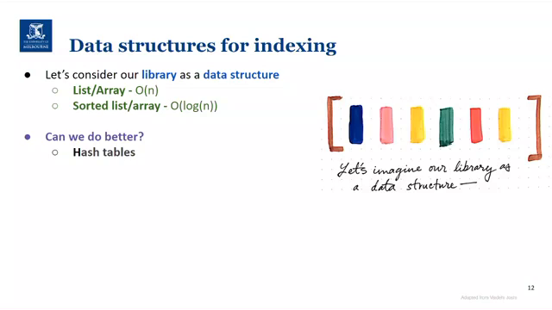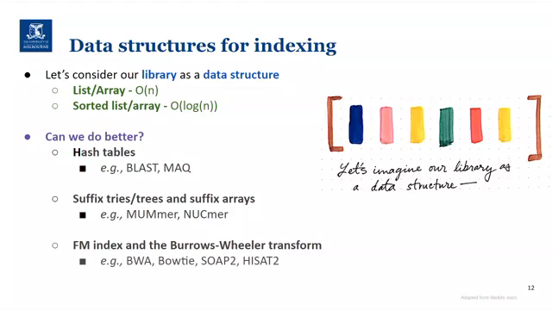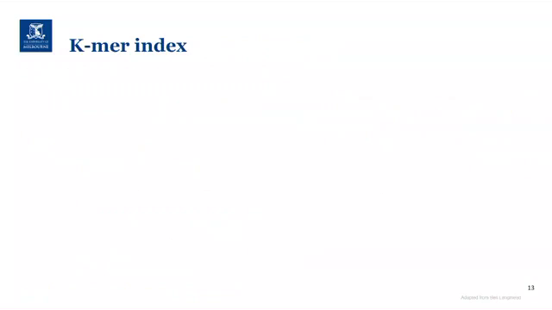The first one is hash tables, a very interesting data structure that's used in BLAST, but there are also suffix tries and trees, suffix arrays that we'll discuss in a few weeks, and also the FM index and the Burrows-Wheeler transform, which is also important for data compression. But before we start talking about hash tables and how we go from logarithmic time complexity to constant time complexity, let's get back to binary search first.